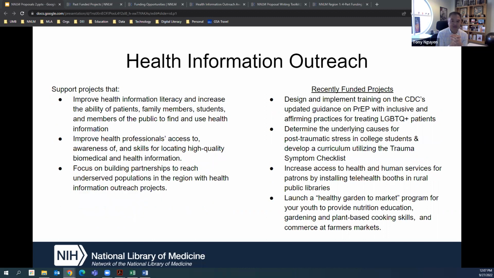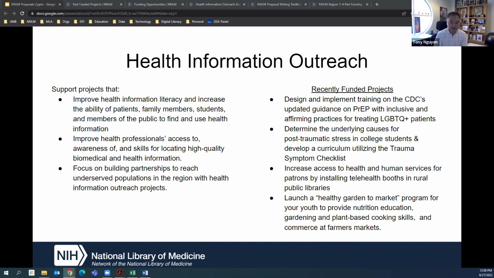For health information outreach, the goal is to help improve health information literacy, improving their internet searching skills, and to basically help improve access to health information so that the public can help make informed decisions about their own health, especially when you're working with a healthcare provider. So here's some examples of some recently funded projects from us.